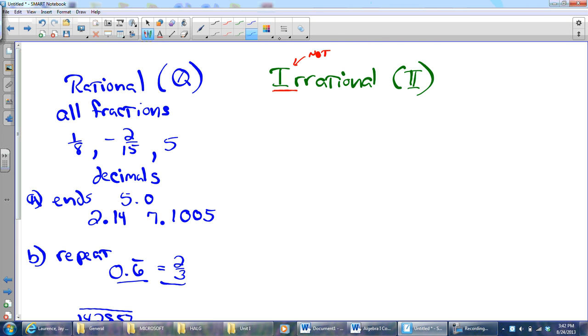Now, irrational numbers, they have a very famous member. That would be pi. And why are they so famous? Well, they do include decimals, but their decimals neither end nor repeat.